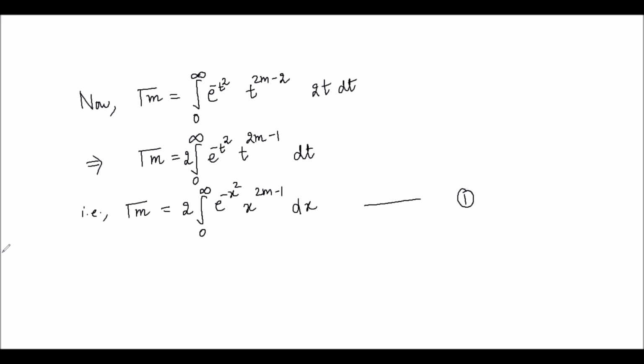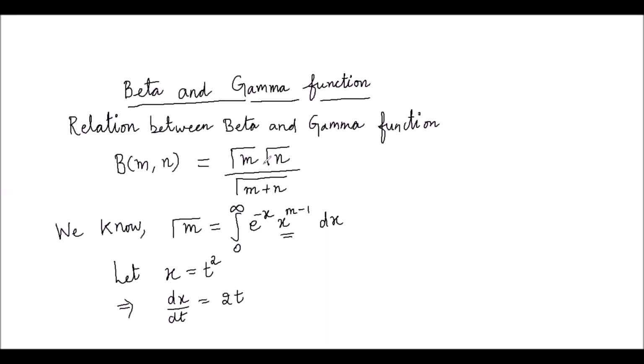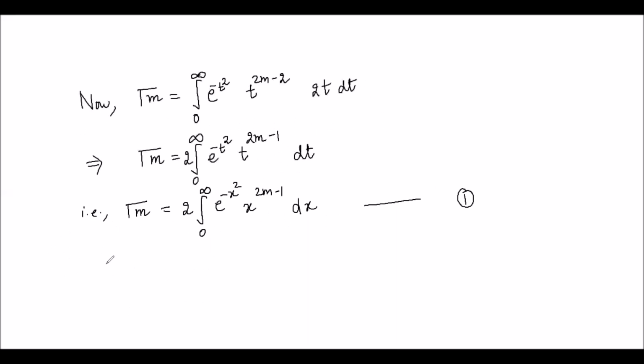From this equation 1, let us write down an expression for gamma of n, because the result which we have to prove involves gamma n on the right hand side. We can write gamma n as 2 times the integral from 0 to infinity e raised to power minus y square.